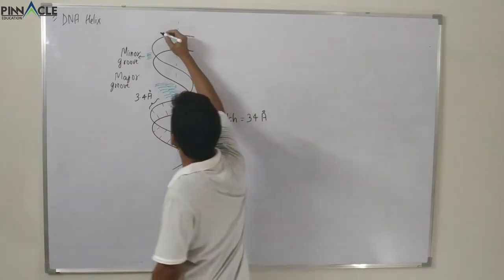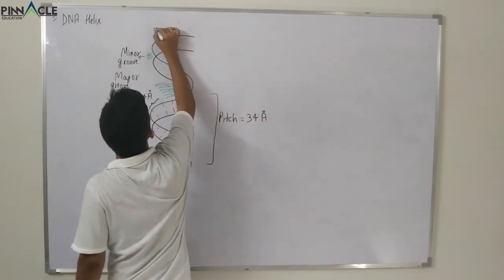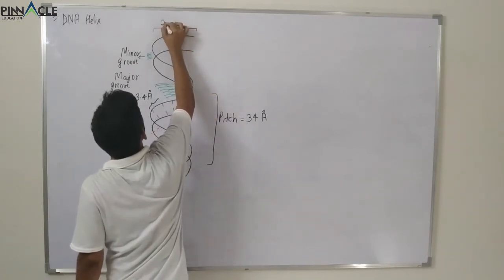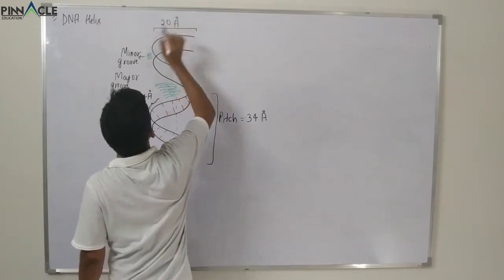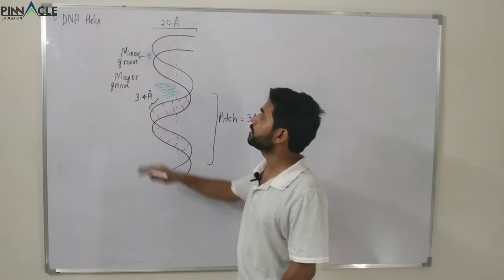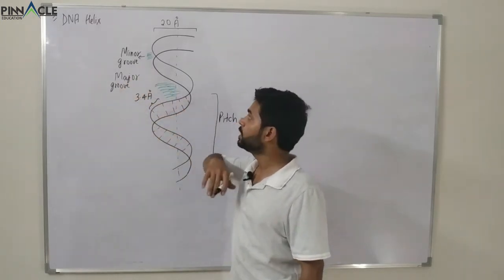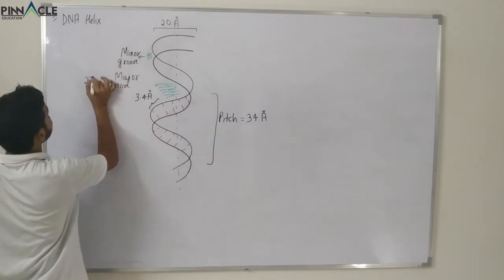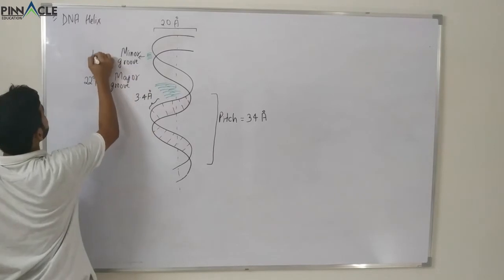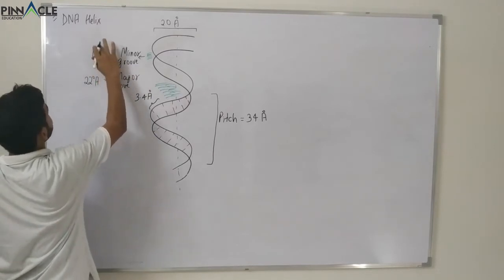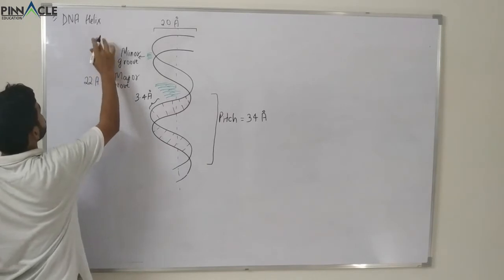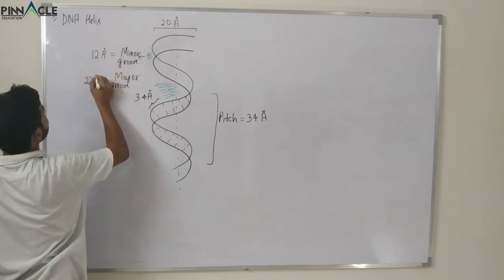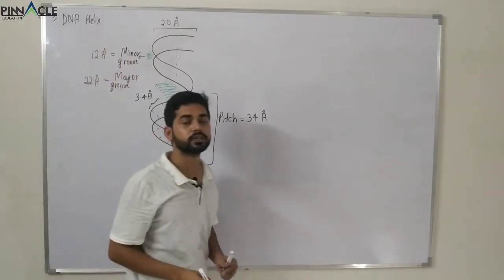That is, the whole strand is approximately 20 angstroms in thickness. Here we also have to study the dimensions of this minor groove and this major groove. So this major groove is approximately 22 angstroms, and this minor groove is approximately 12 angstrom. These are the normal dimensions of DNA.